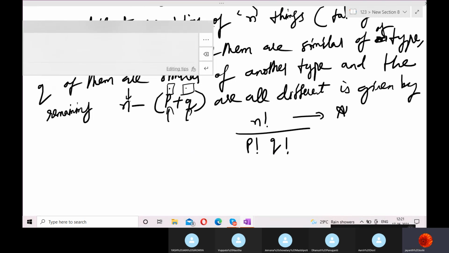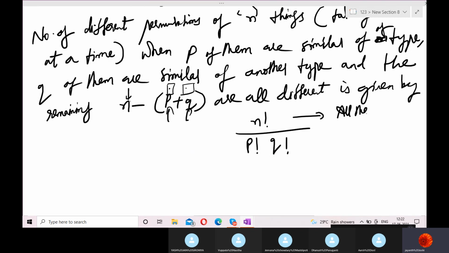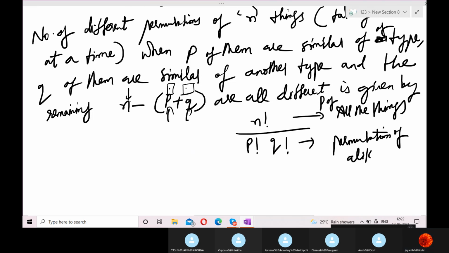The permutation of all the things. And the denominator has what? Permutation of alike things. Wherever you see this factorial thing, it's kind of arrangement only.